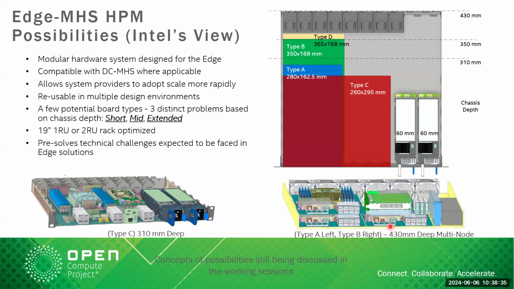One of the things of trying to architect this to allow a 1U and a 2U environment is to get better air-cooled thermals as well, to allow us to do things like higher temp CPUs that may have GPUs or GPU functionality integrated in them, different accelerators, as well as potentially additional add-in cards, because retrofitting some of these environments for liquid cooling is going to be a challenge at some of these edge locations.